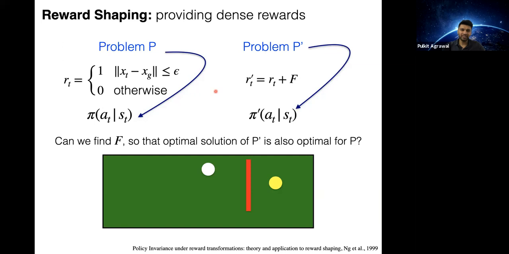In other words, can I find an F that I can add to the reward function so that the optimal solution of problem P prime is also the optimal solution of problem P? If we can do this, that means it will give us some guidance into how to modify the reward function. Is this setup clear?